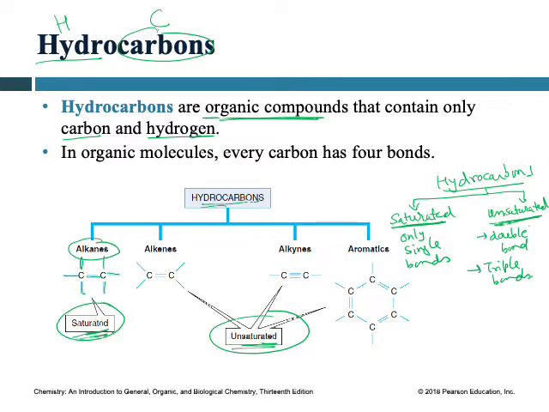This is just one example of saturated hydrocarbons. Where there is unsaturated, there are multiple examples: alkene, alkyne, and aromatic hydrocarbons. What is an alkene? It contains a double bond. An alkyne contains at least one triple bond. And aromatic compounds we're going to talk about later in the class.